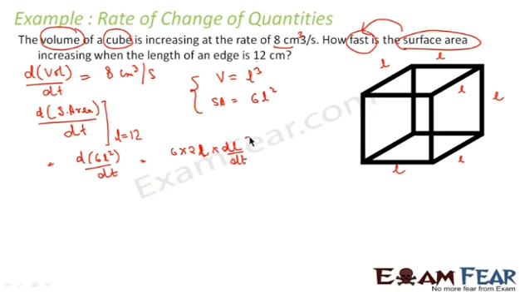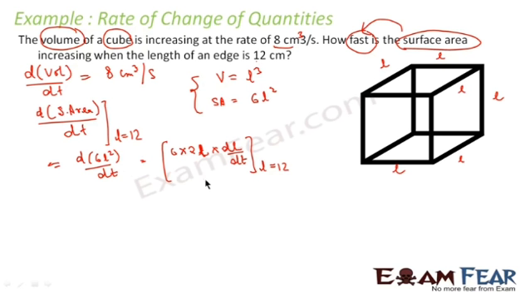I have to find this where L is equal to 12. I can put L equal to 12 here, but still dl by dt is a quantity which I don't know. Surface area is nothing but 6L square, so this becomes 6 into 2L into dl by dt, correct? So this dl by dt is something which we don't know.